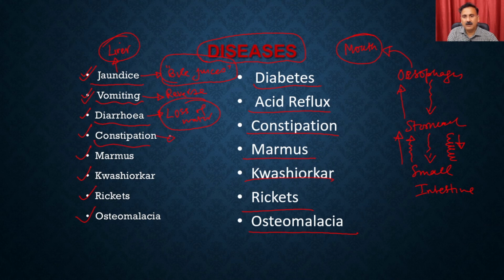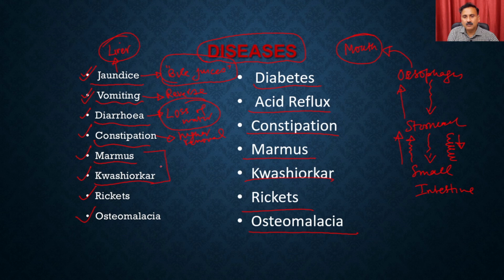In constipation, there is a higher removal of water, so when a high amount of water is removed, the feces become very hard, and there is difficulty in defecation. Similarly, you have marasmus and kwashiorkor.